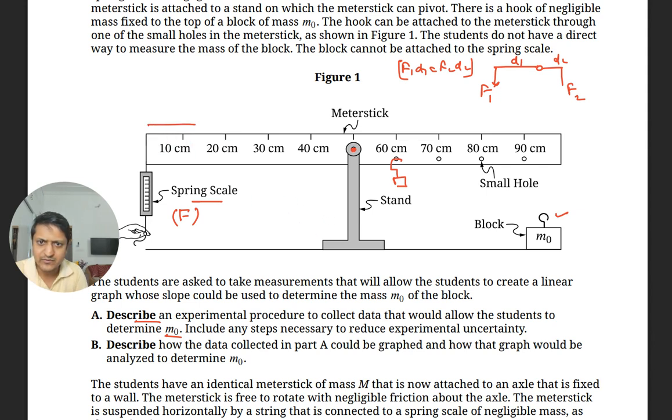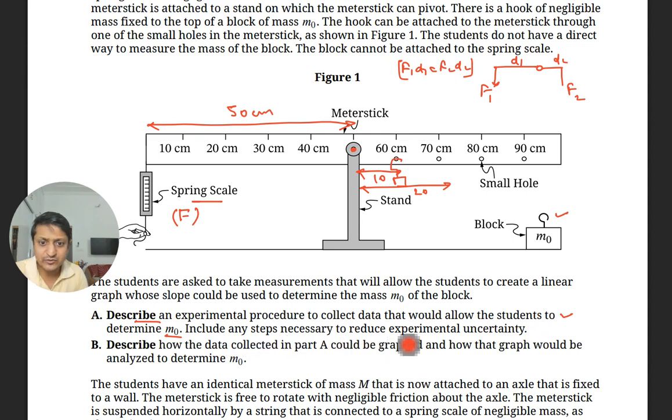Like this distance we know, this is 50 centimeter, and this distance will be different, like this will be 10 and this will be 20 and then 30 and 40. So for different distances there will be different forces. So this will be the first part, collection of data.